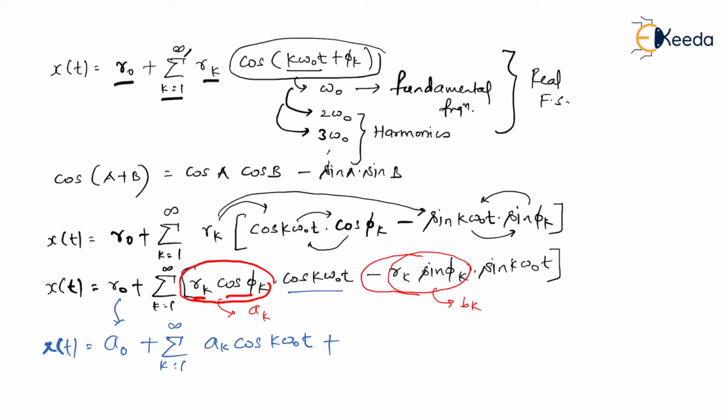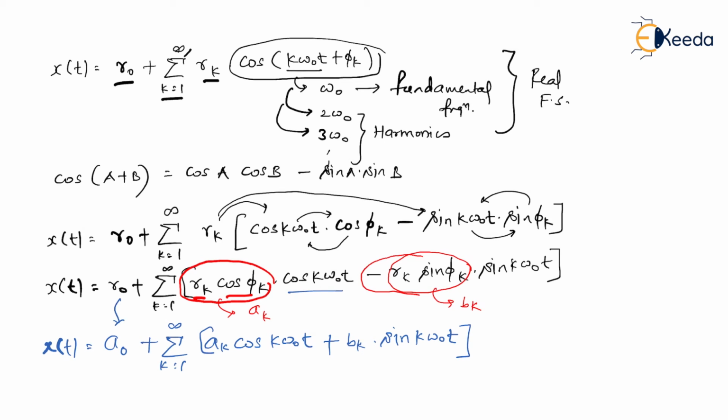Because we have included the negative sign inside bk. So bk times sine k omega naught t. And you know what? This is what we call the trigonometric Fourier series. While learning the trigonometric Fourier series, I told you that we will learn how this formula has come. So this is the place where we have understood how this has come.